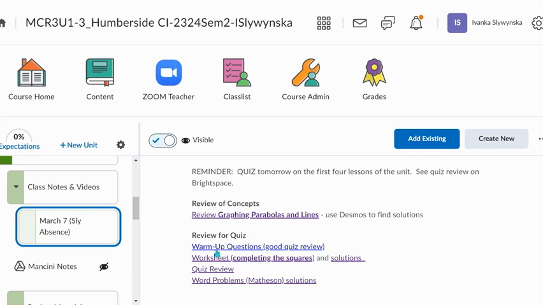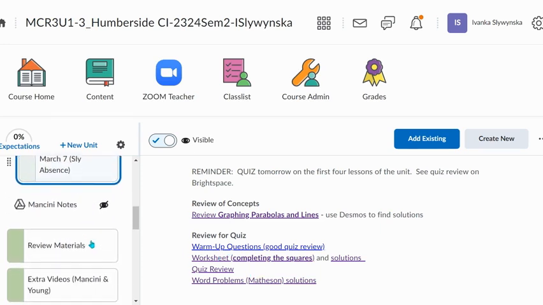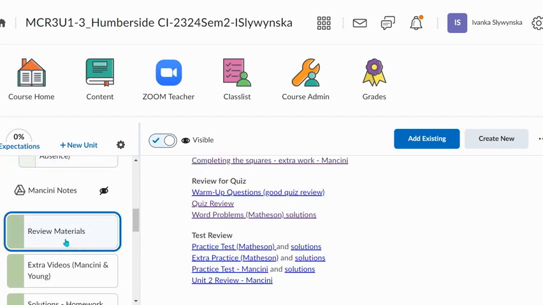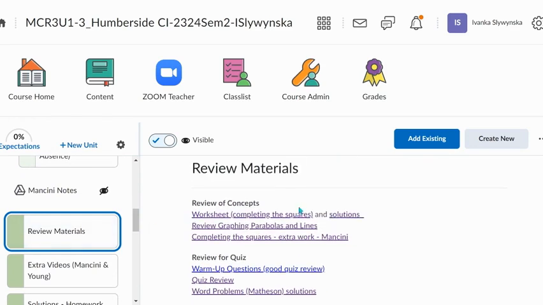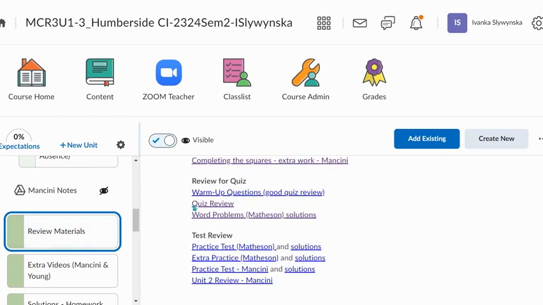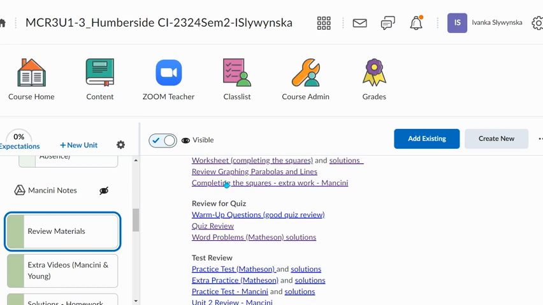And then I have review for the quiz. Now it's posted here in the March 7 absence, but also under the tab review materials. So review of concepts, review for quiz, right? What do we have? We've got more completing the squares work. We've got warm-up questions that I gave last year, but they're good for the quiz and they have answers.